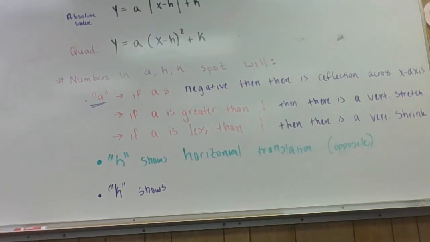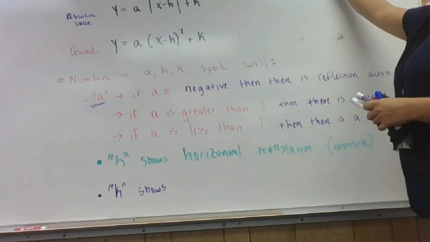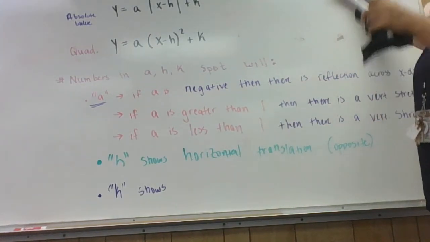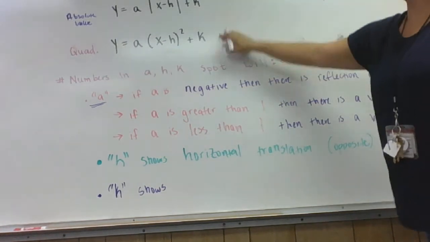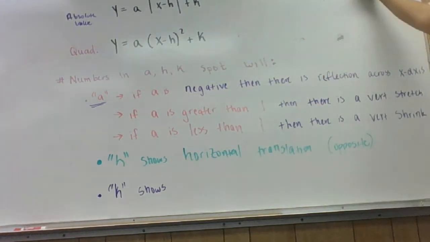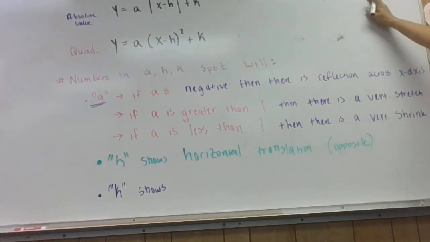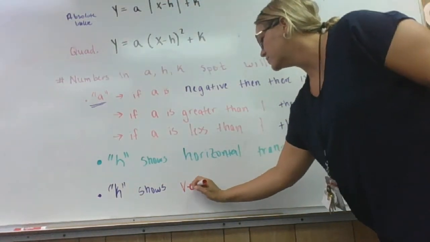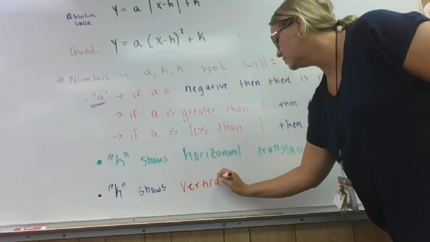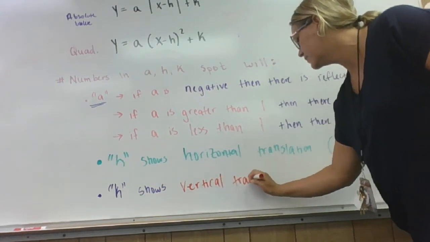For instance, all of our Bellwork examples, it'll move it up or down. So if I were to put a number at the end, not in parentheses, such as plus 10, 10 would be called a K value, and it would shift the graph up 10. So a K value shows a vertical translation. It moves it up or down.